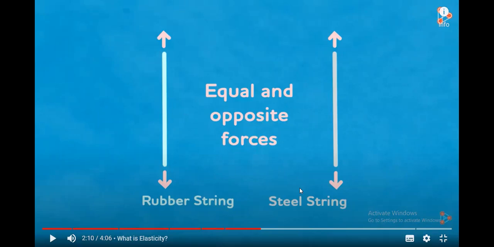Okay, so I'm asking you a question that if I have one rubber spring and one steel spring, and if I applied a force on both of them of equal magnitude on both these sides, so which one is stretched more? A rubber spring or a steel spring? Which will be stretched more?